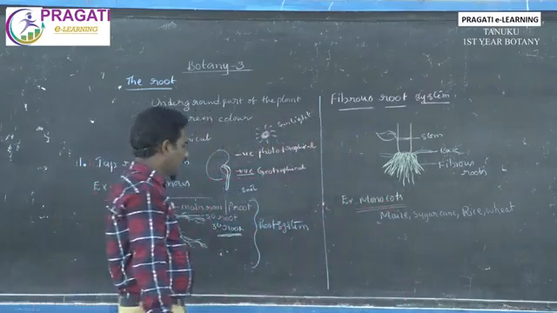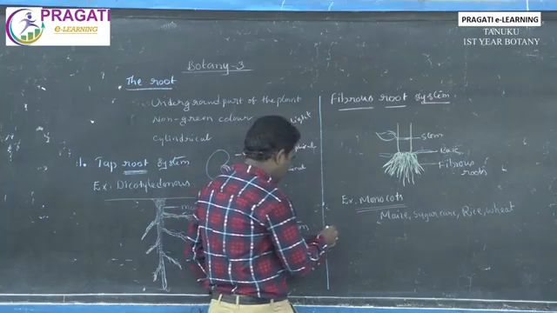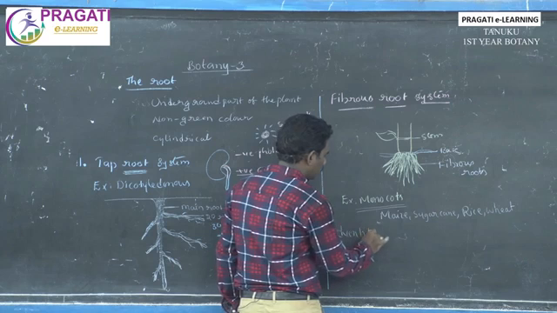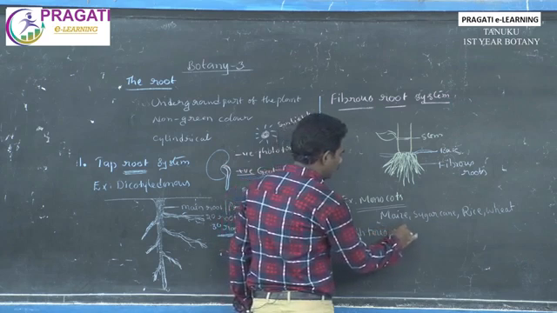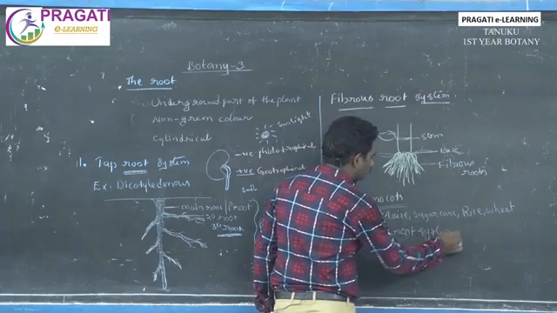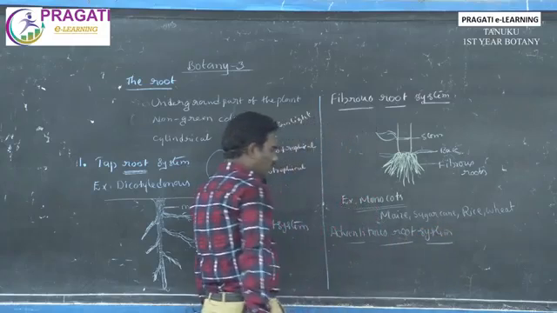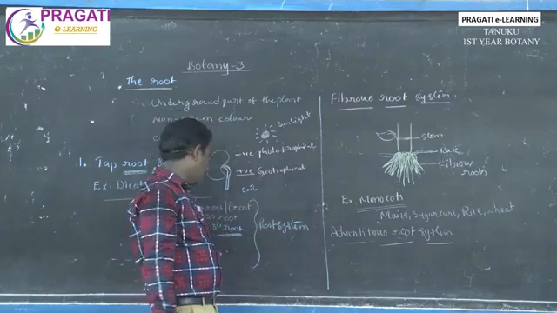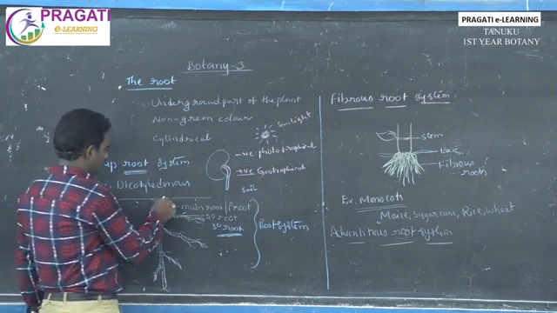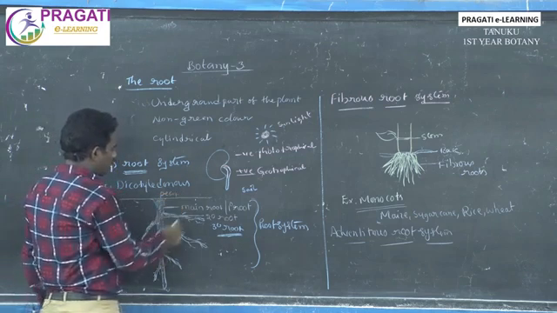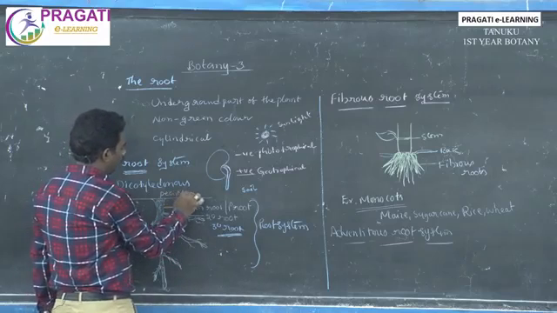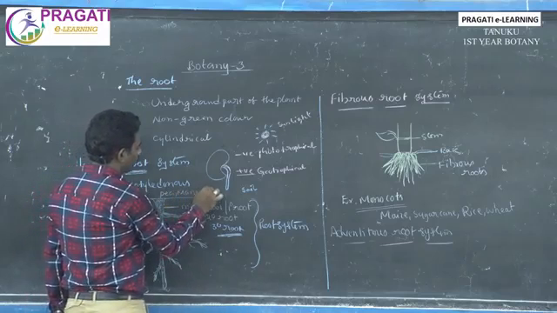Next one, the adventitious root system. The adventitious root system is found in dicot plants. Several examples are pea, mango, hibiscus.